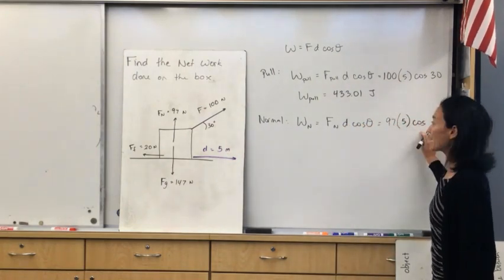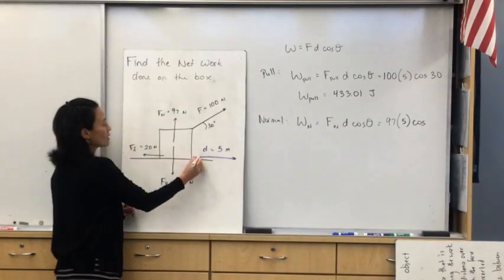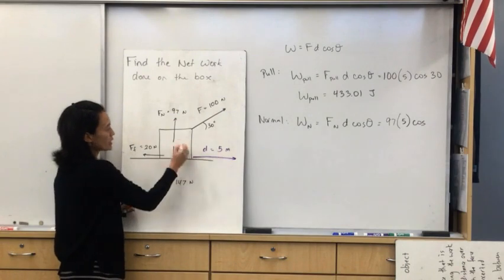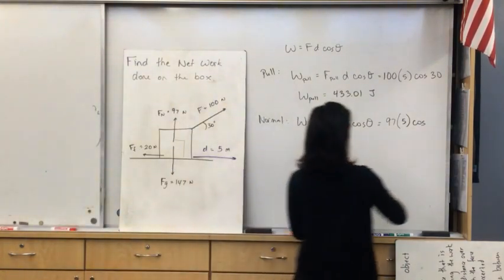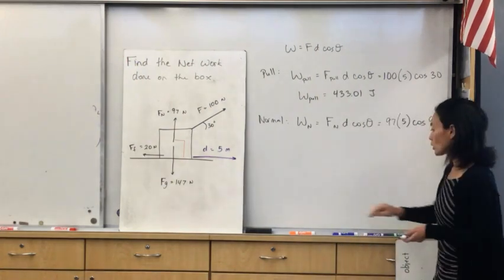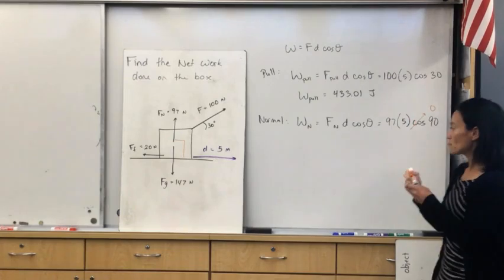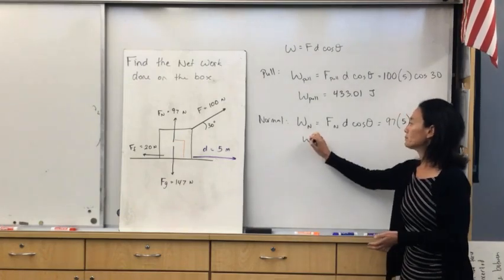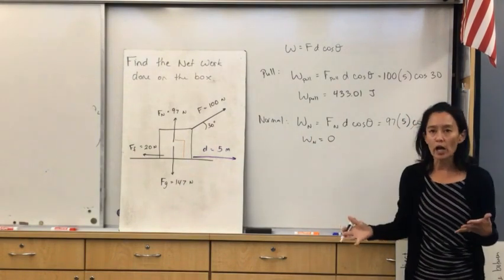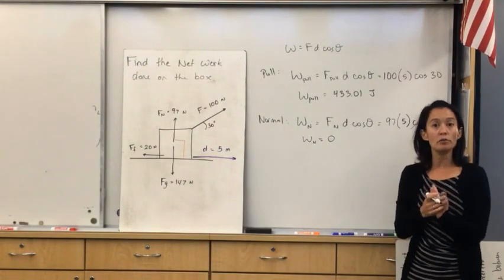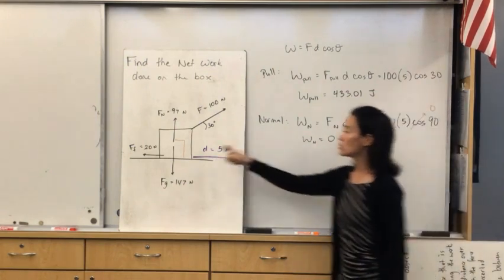And my angle: my normal force is up, my distance is to the right, so this is actually a 90-degree angle. So this is cosine of 90, and cosine of 90 is 0. So the work done by my normal force is 0. My normal force is not helping the box move forward. It's contributing 0 joules of work in that sense. Okay, let's continue. Friction.